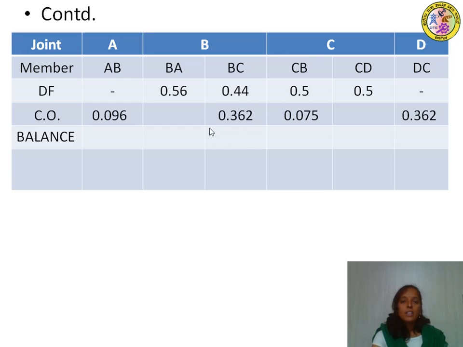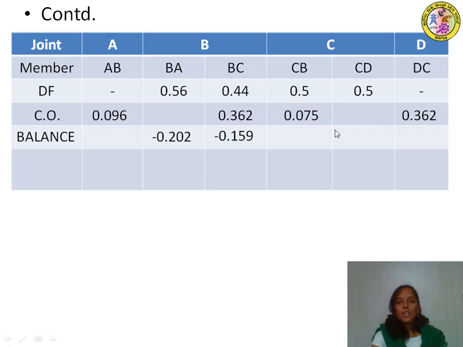So the imbalancing moment at joint B is 0.362. Therefore, the balancing moment will be minus 0.362. Minus 0.362 into 0.56 will be equal to minus 0.202, and minus 0.362 into 0.44 will be equal to minus 0.159. Next, the joint C is imbalanced by 0.075.